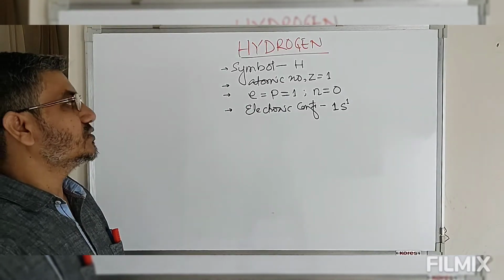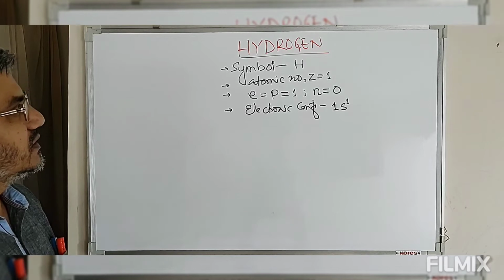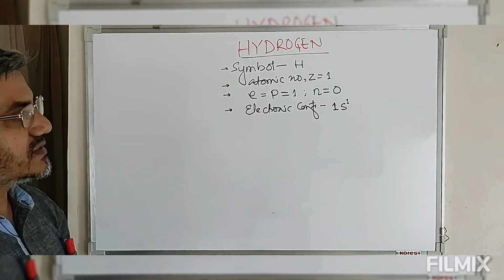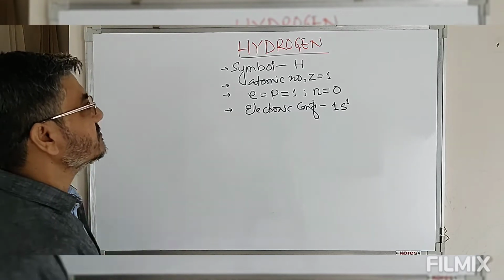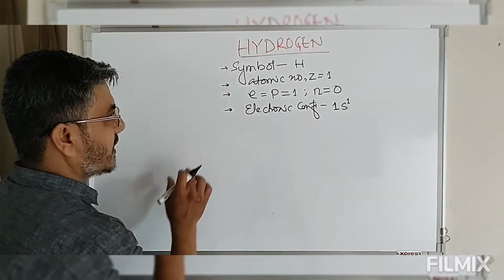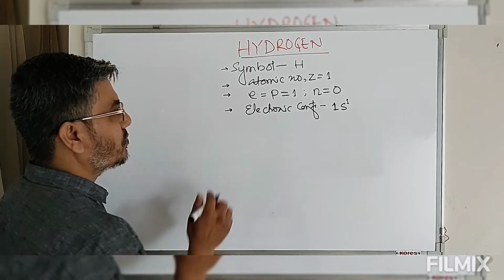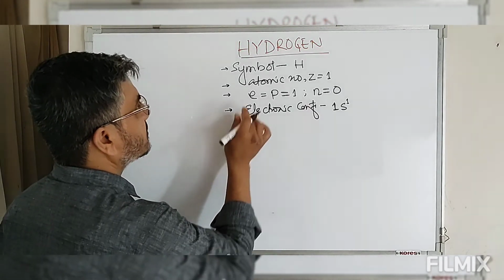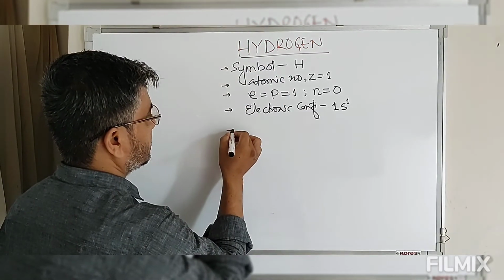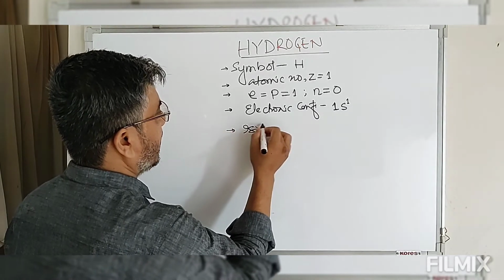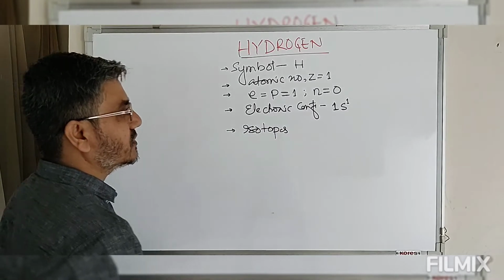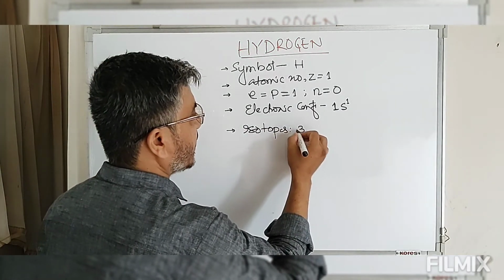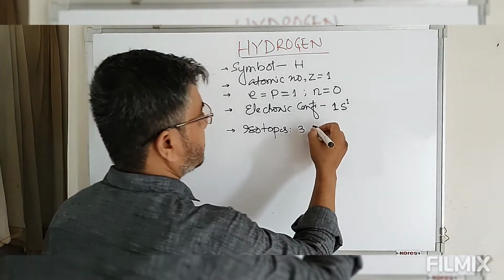Now this hydrogen, in the elemental state, exists in the form of dihydrogen. This hydrogen has got isotopic forms. Hydrogen has got three isotopes.